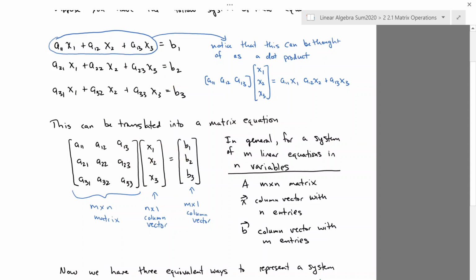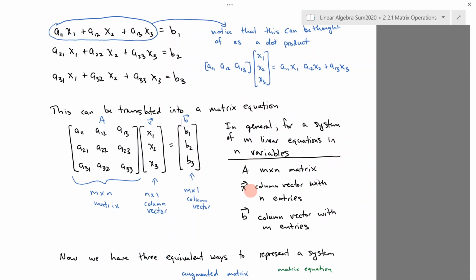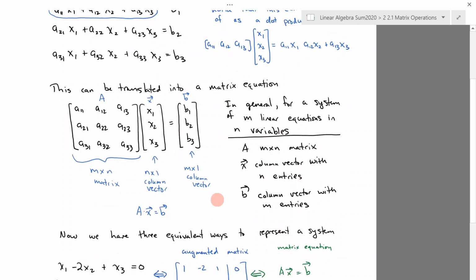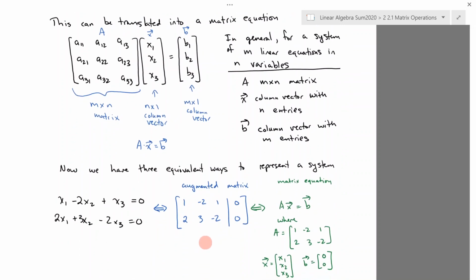Typically the coefficient matrix is called A. This is the vector x, and this is the constant vector b. And it's written as Ax = b. So A times x is equal to b. Okay, so now we have 3 equivalent ways to represent a system of equations.